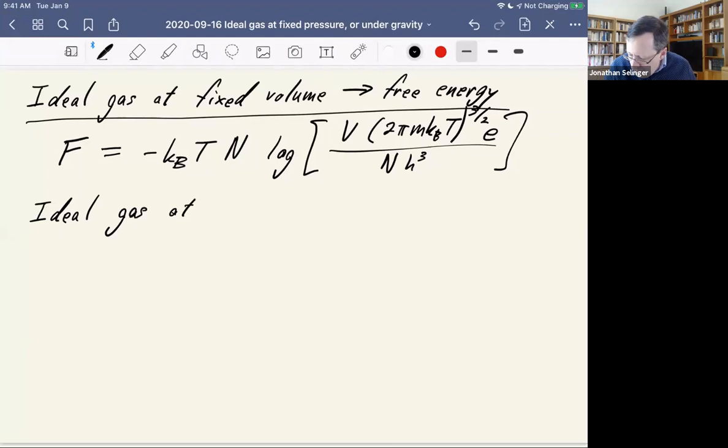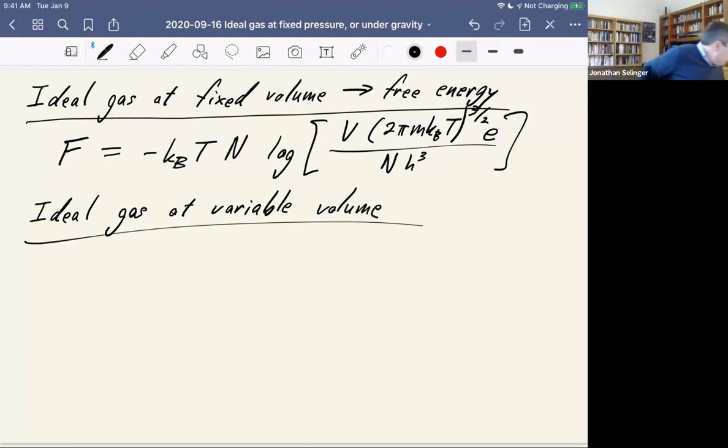Okay. So suppose that the volume is free to change. An example would be just a bag. Here's my high-tech example. I put a certain number of molecules in the bag, and then it could be a big volume, it could be a little volume.